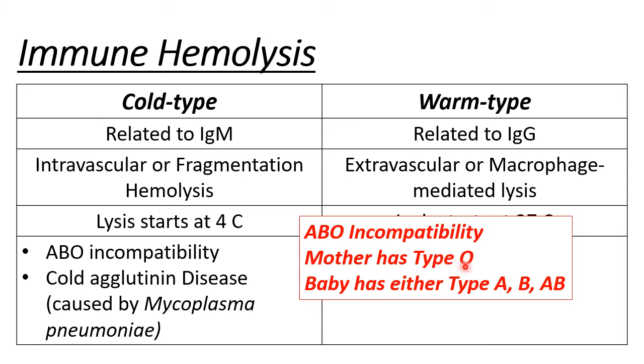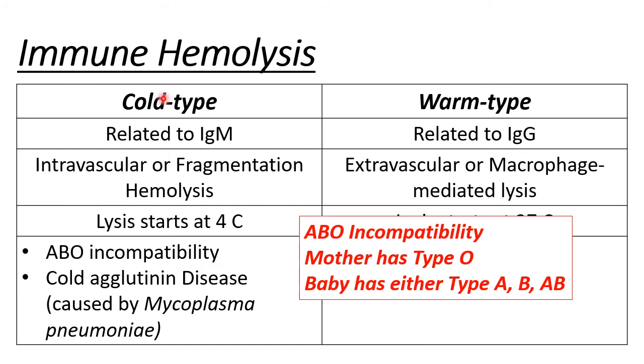Ang type O kasi has antibodies against A and B antigen. So kapag ang baby niya ay mayroong ganitong types, tatargetin ng antibodies ni mother yung mga RBCs ni baby. Therefore, nagkakaroon ng hemolysis kay baby. Kaya ang tawag natin dyan ay ABO incompatibility.